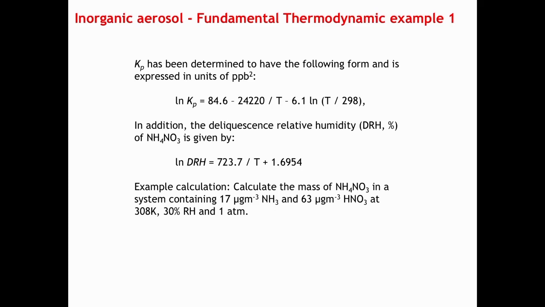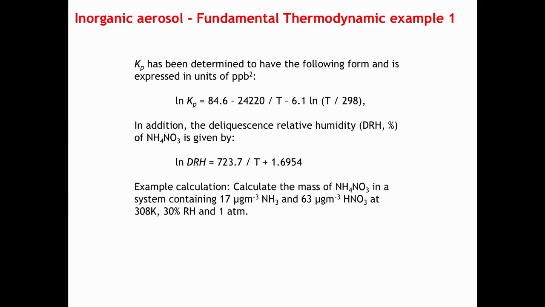It's asking us to calculate the mass of ammonium nitrate if you've got 17 micrograms per cubic metre of ammonia and 63 micrograms per cubic metre of nitric acid. So would you have ammonium nitrate in that system?